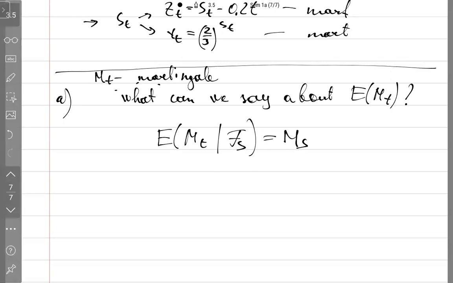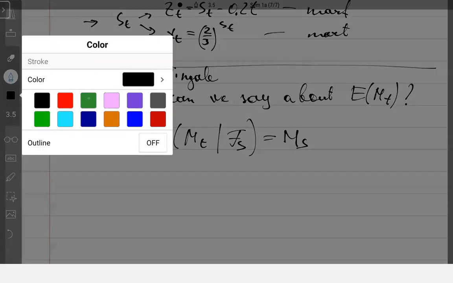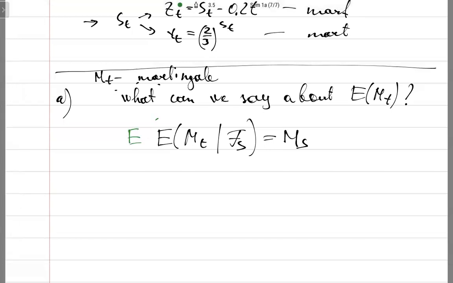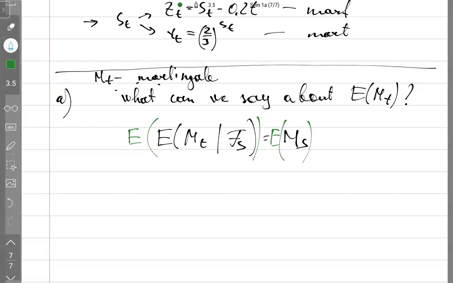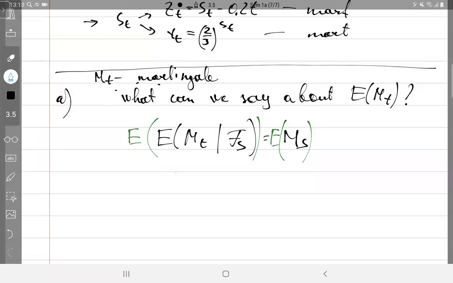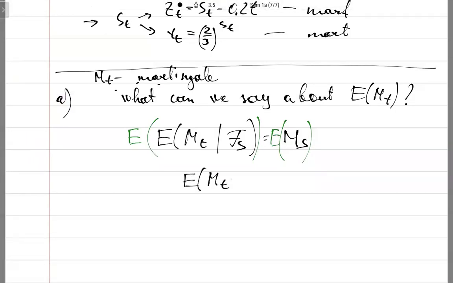So if I take the expected value of both sides, then according to the tower property of conditional expectation, I will get that the expected value of Mt equals the expected value of Ms for any t and s. Okay, so it's a necessary condition for a process to be a martingale.